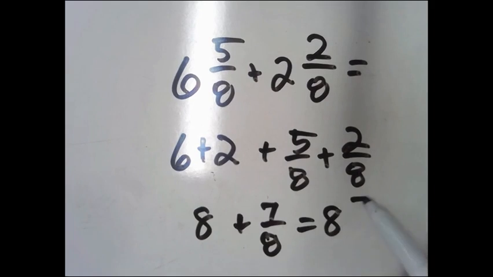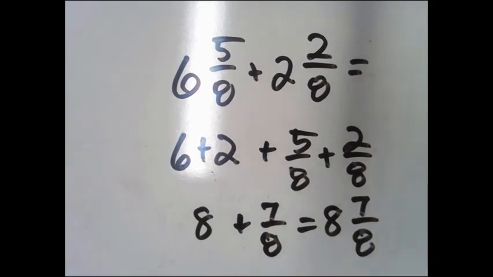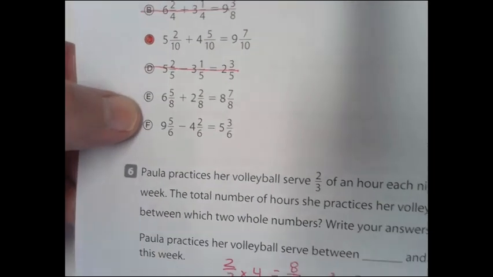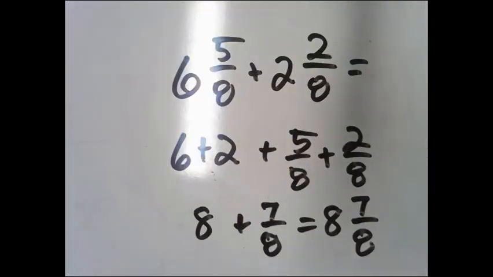So that is 8 7/8, which is correct on our paper. They do have 8 7/8, so we circle in letter E.